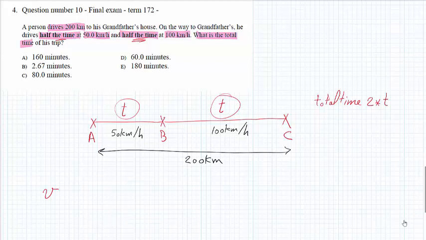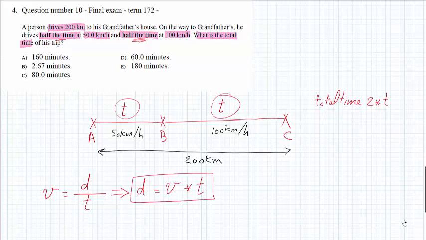So I know that the speed is the distance over the time, or I can rewrite it this way: the distance equals the speed times the time. So this is the equation that I'm going to use.